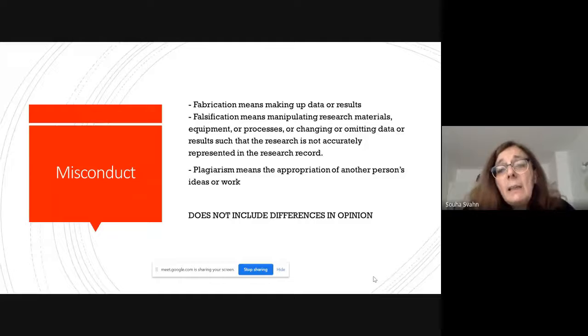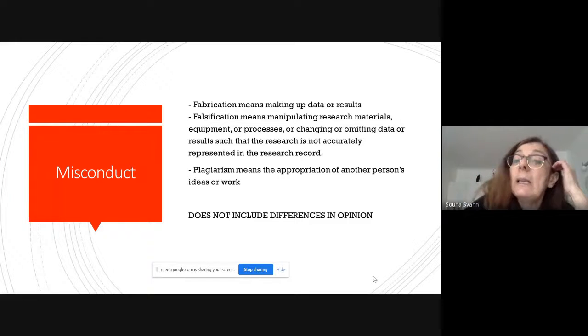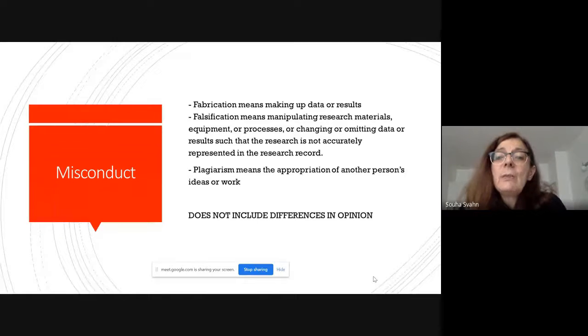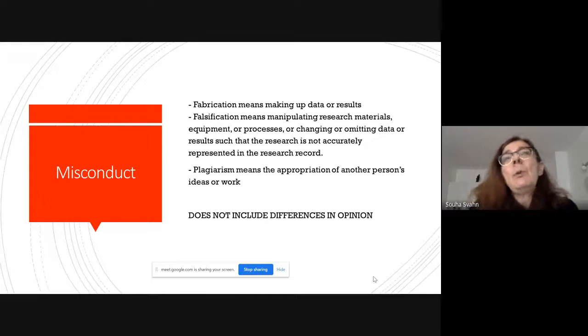And number 9, during the course of the experiment, the human subject should be at liberty to bring the experiment to an end if he has reached a physical or mental state where continuation of the experiment seems impossible or unbearable. So here we have the right to stop it.